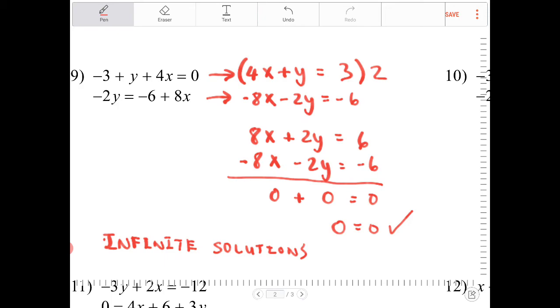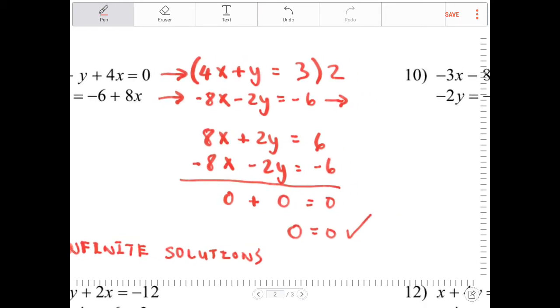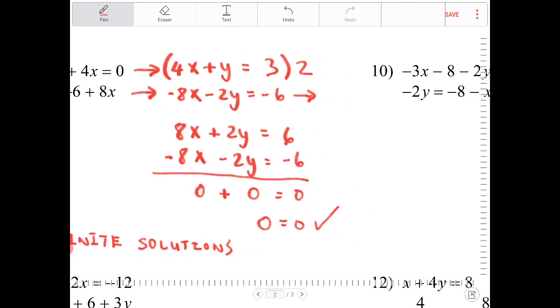Why are there infinite solutions here? Well, if you notice, we can rewrite the bottom equation slightly differently. Notice that the bottom equation has a common factor of -2 all throughout. If I were to divide both sides by -2, let's see what happens. I'll end up with 4x plus y is equal to +3.